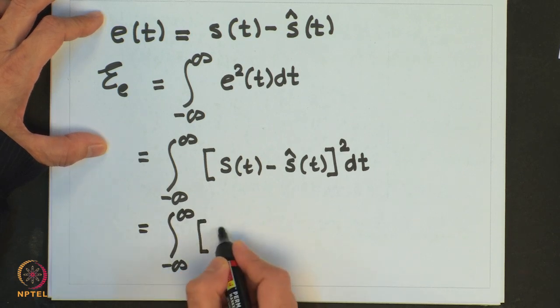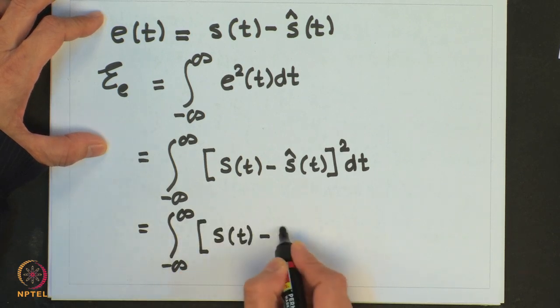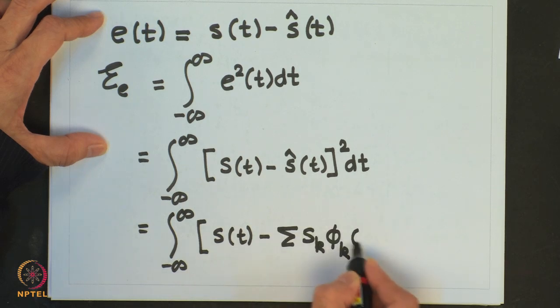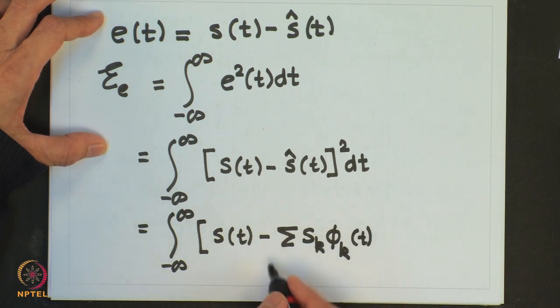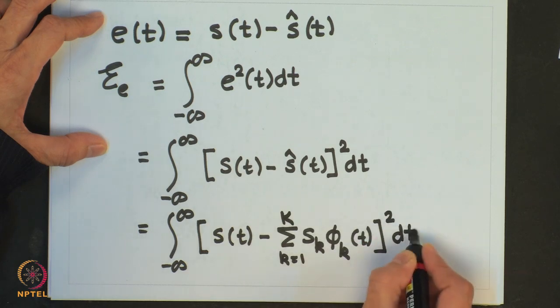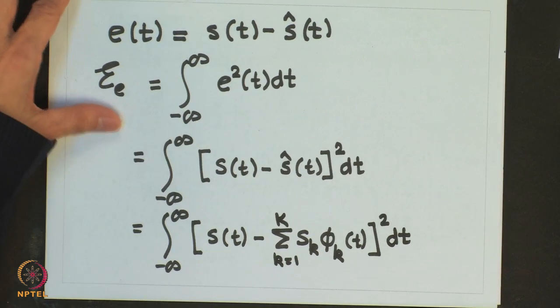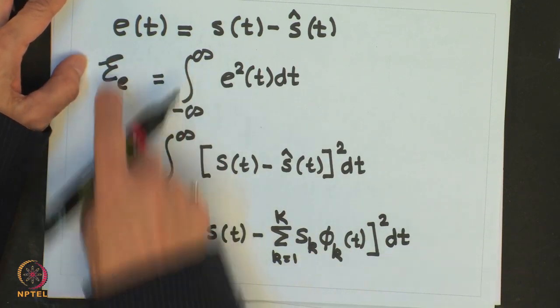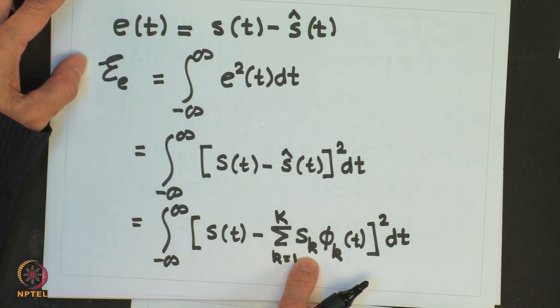I can rewrite this as, now this can be minimized by taking the derivative of this energy with respect to each of these coefficients s_k.